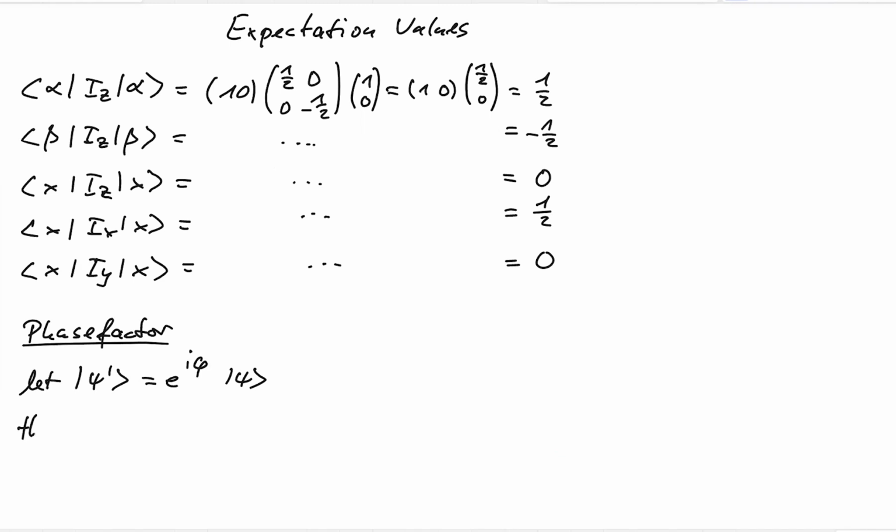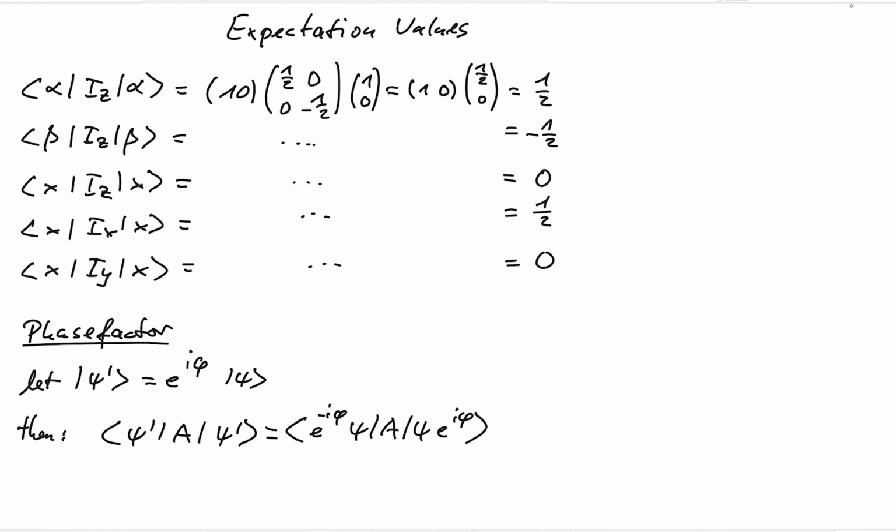Then the expectation value using psi prime, A, psi prime is just e to the minus i phi times psi A psi times e to the i phi.